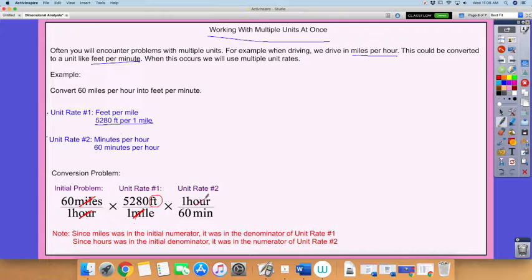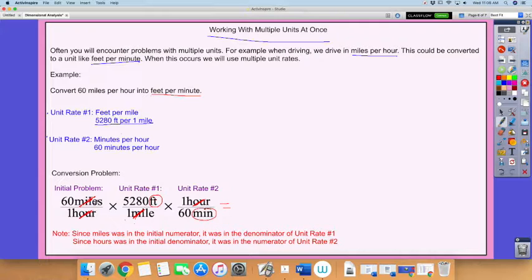So a denominator, a numerator cancel out, and notice I'm left with minutes in the denominator, which is what I wanted because it wants feet per minute. And if I look, feet is in the numerator, per minute, which is in the denominator.